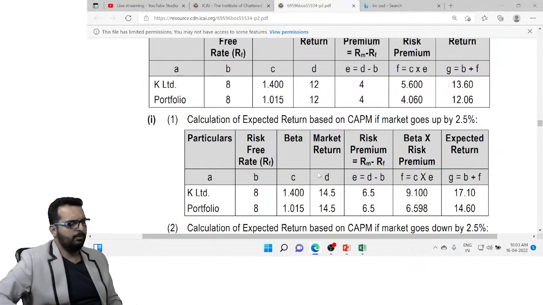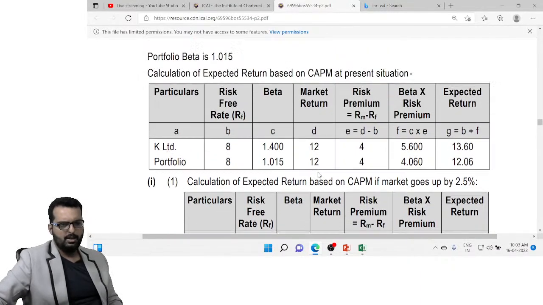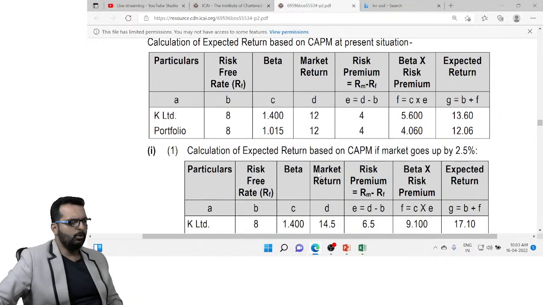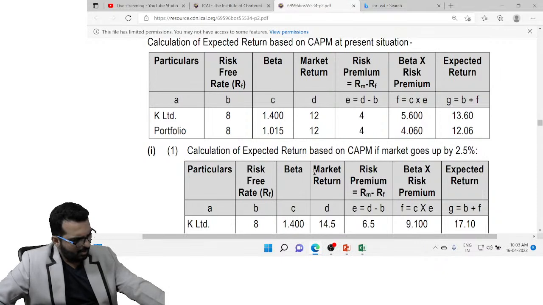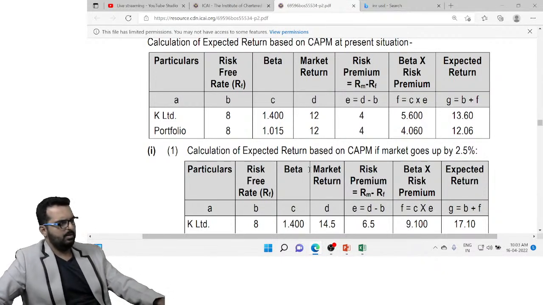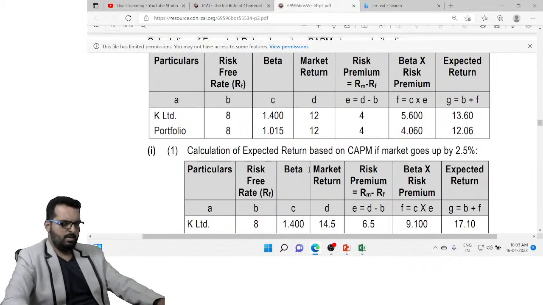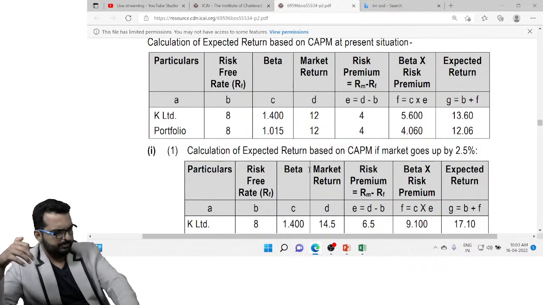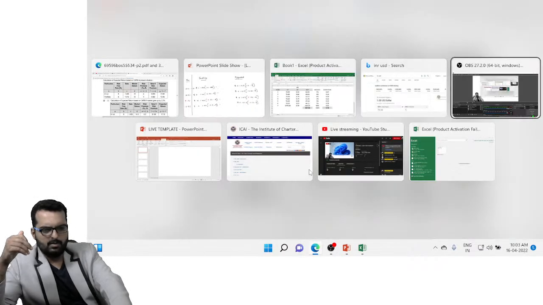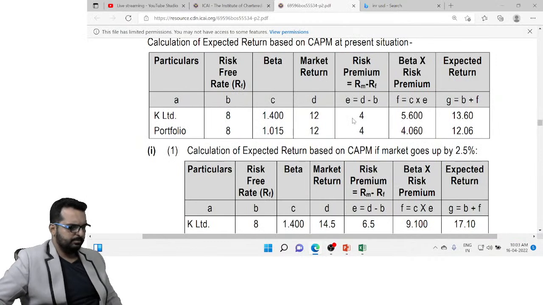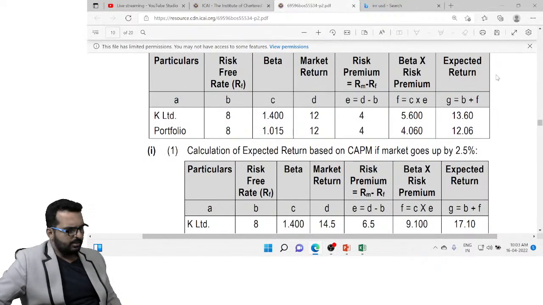Perfect, friends. I believe you all are getting the same answer. Let me just cross check this. I'll give you a minute more, then we can go to the next question. Yes, it's 13.6, Aditya.